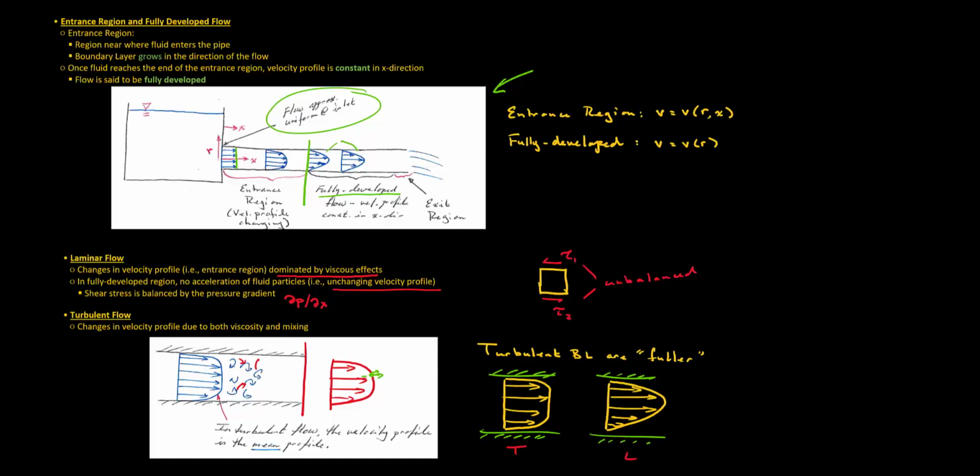So nearer to the walls, we have higher velocity fluid particles in the turbulent case. So what we see is that for the turbulent case, the velocity profile, if we call this, the velocity gradient at the wall for a turbulent flow is greater than the velocity gradient at the wall for a laminar flow.